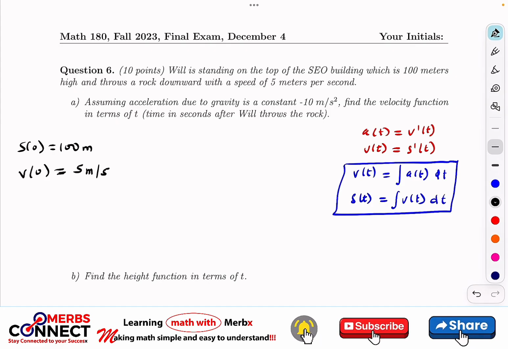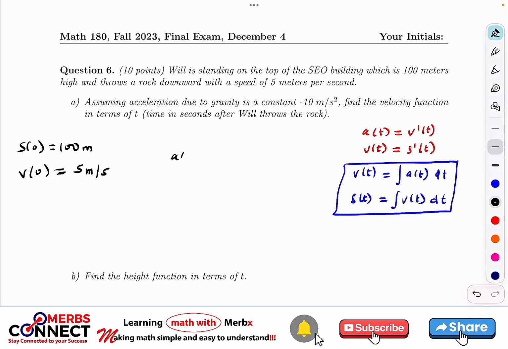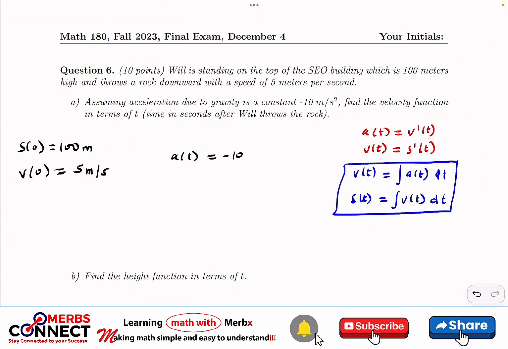And this is 5 meters, right? Now, we have the acceleration due to gravity to be this. So here, our a of t is equal to minus 10 per second squared. So this is what we have here.